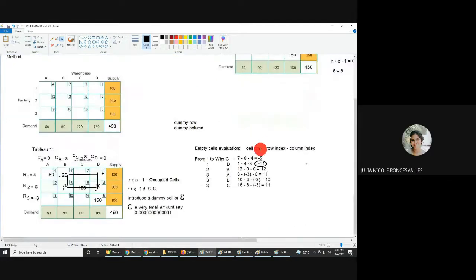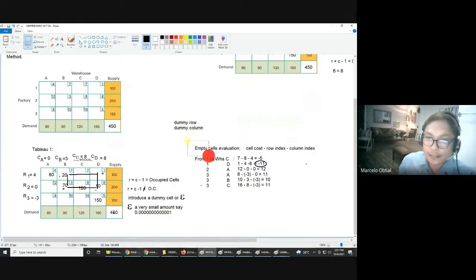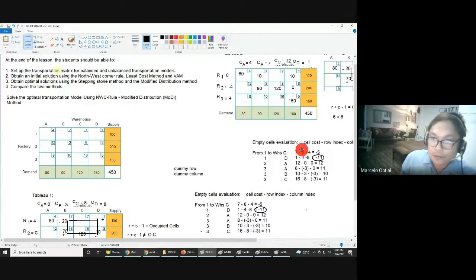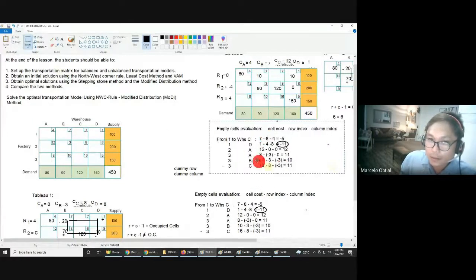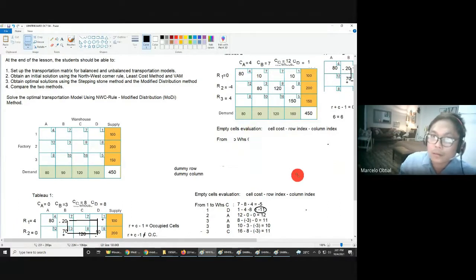Okay. So next, the same procedure, class. This is the empty cell evaluation. There's a portion here that is the same. Okay, 2.